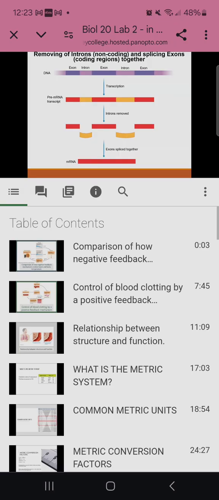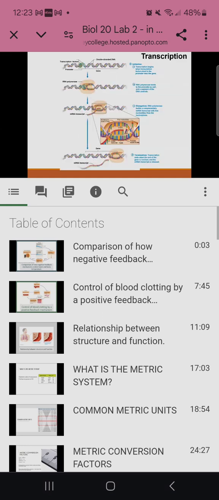They might be missing that sequence, and then that person would be lacking whatever that sequence codes for, because they don't even have the code, the sequence, to go through transcription and translation. So exons are important. They are coding regions, and they're there because they're responsible for something. Just wanted to share that.